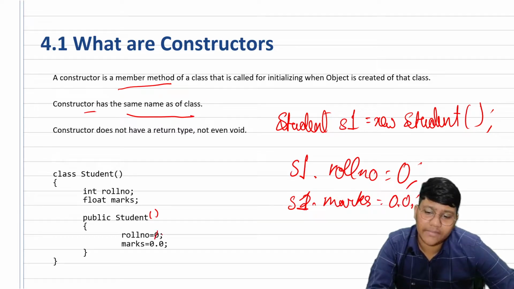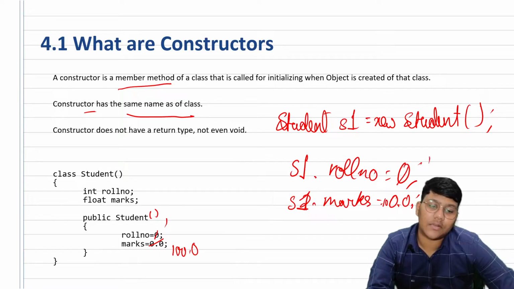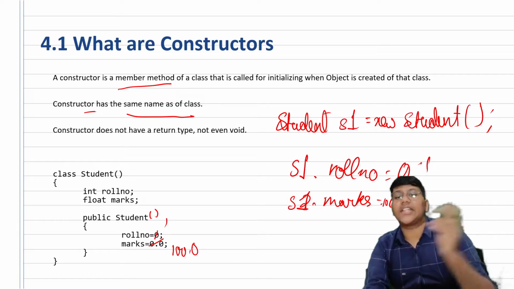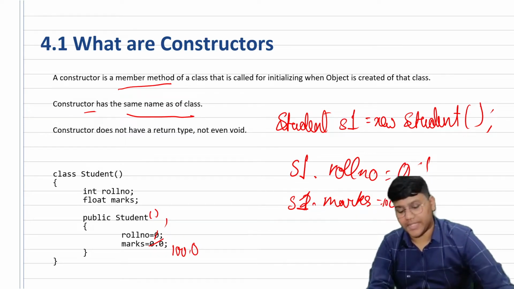For example, if there were 1 and 100.0, this will become 100.0 and this will become 1. So a constructor has just one aim, to initialize objects.